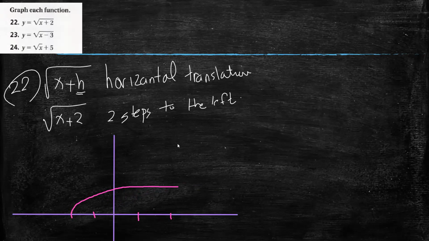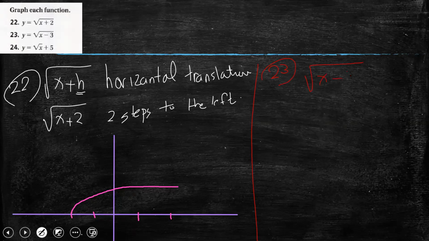Now, for number 23, you have the square root of x minus 3. As you see here, the number is under the square root, so I'm talking about horizontal translation. Now, how did you know? Solve it in your mind. x minus 3 equals 0, so x equals 3.